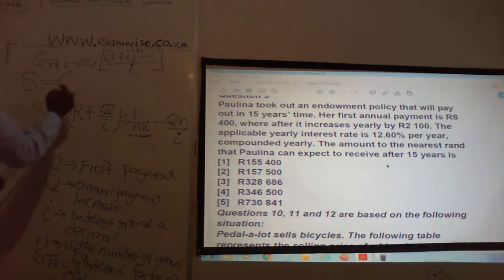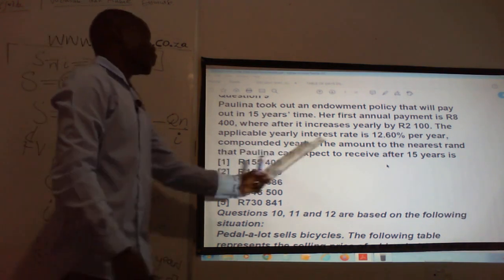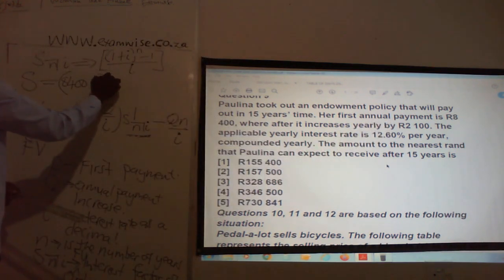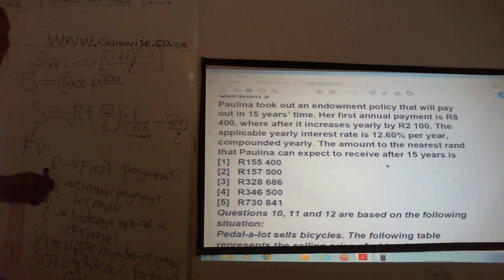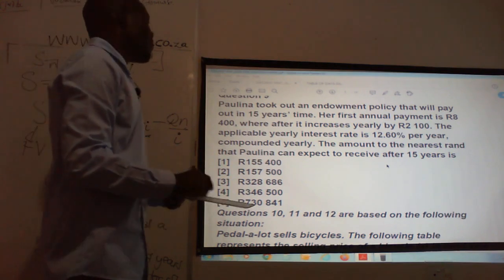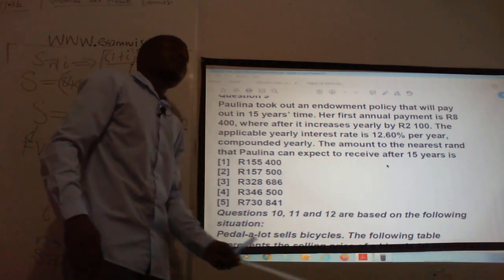So we are starting here with 8,400. Then we said plus, and our Q here is the annual payment increase, so our Q here is 2,100. So we are saying 2,100 divided by I, where I is the interest rate as a decimal. So our interest rate here is 12.6.